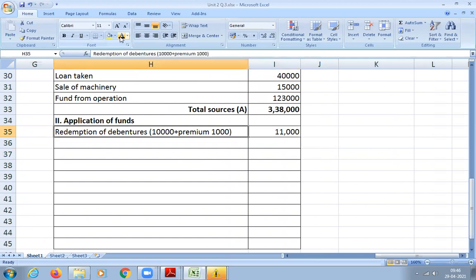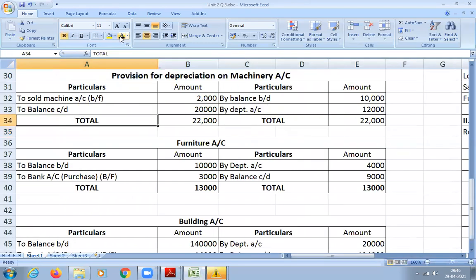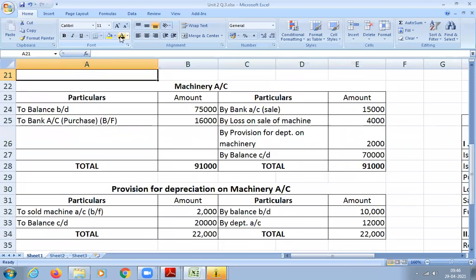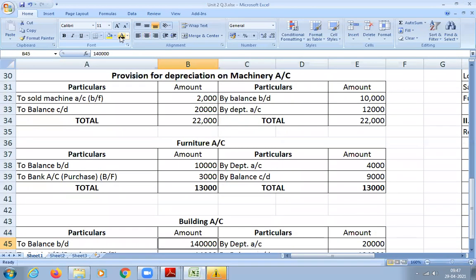Next, you have to see if any purchase is there, any assets purchased. We have done a lot of ledgers, machinery account and furniture account. Please check and tell me if any purchase is there. See, machinery purchase is there, 16,000. Then furniture, again purchase is there, 3,000.